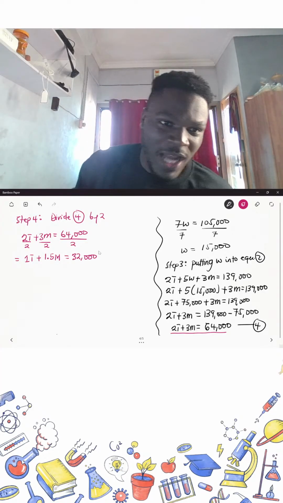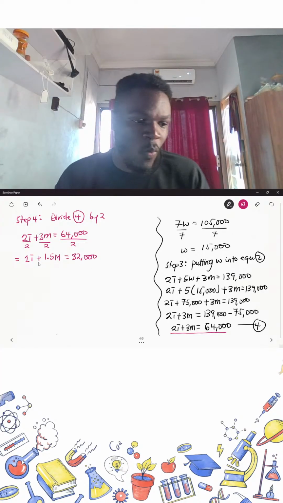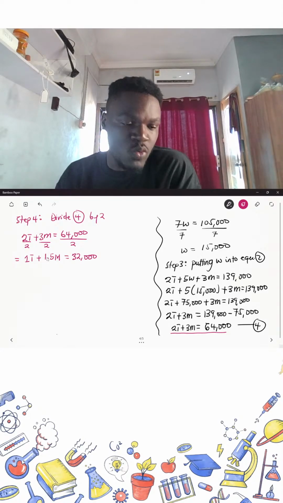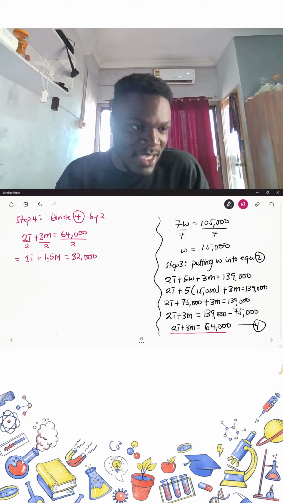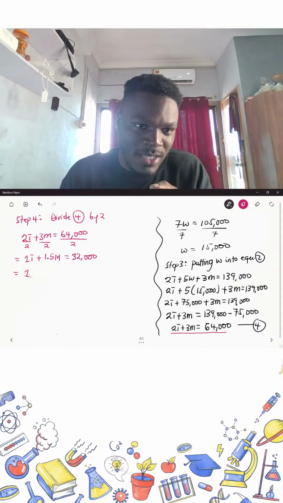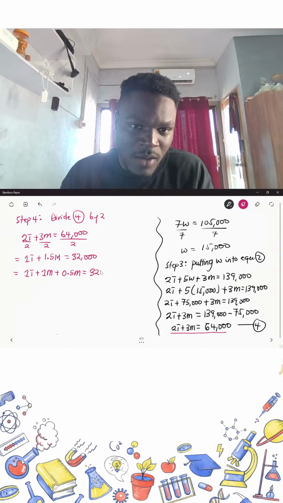All right. So now that I have this expression, 1t plus 1.5m is equal to 32,000, I am saying that from here, I can rewrite this expression as 1t plus 1m plus 0.5m, and it is equal to 32,000.